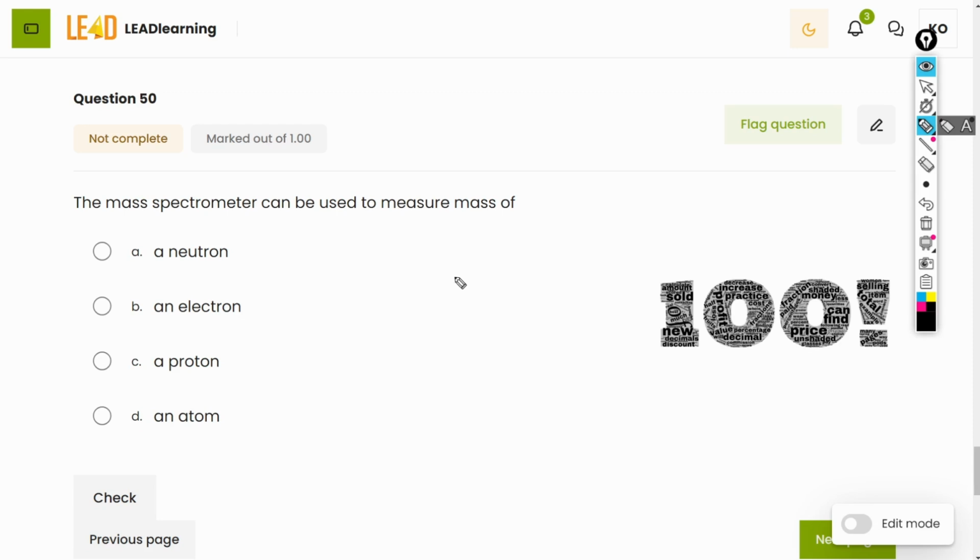Question 50. The mass spectrometer can be used to measure the mass of. Now, the mass spectrometer is used for several purposes. Like in the case of the electron, it is used to measure the mass to charge ratio of the electron.